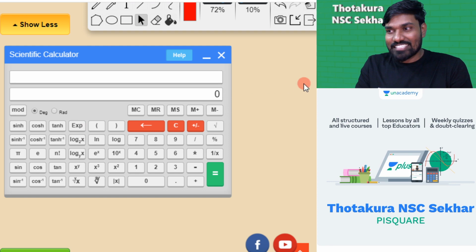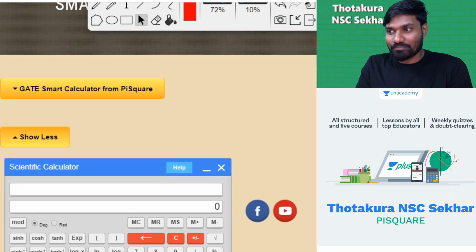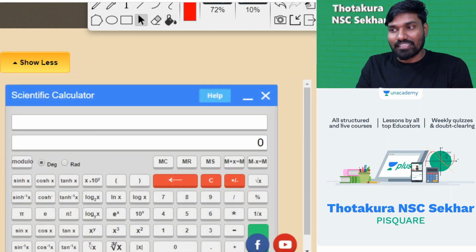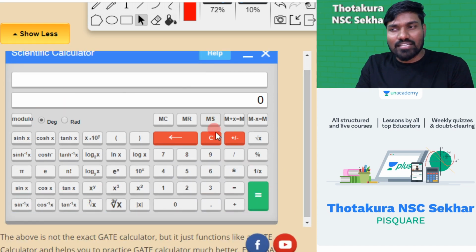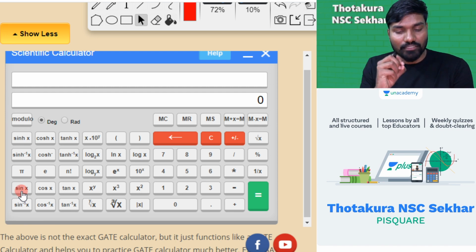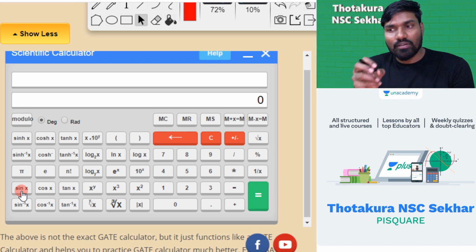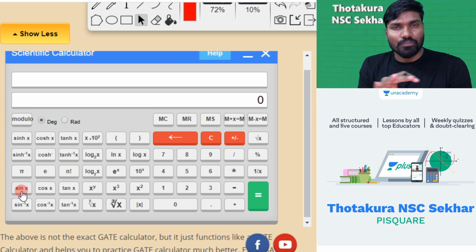So this cheat calculator means we change the interface here, in place of sine I'm just using x. Once you have good practice on this calculator, your GATE calculator will not have any difference at all, just the same. So this interface will help you to understand much better.